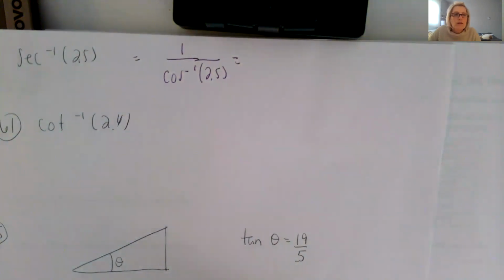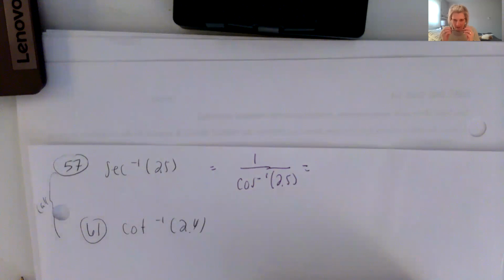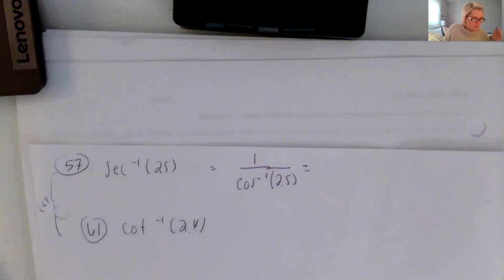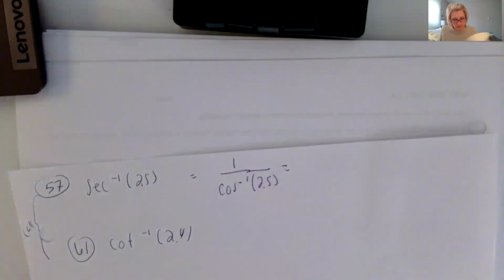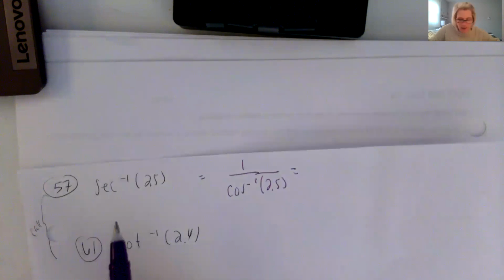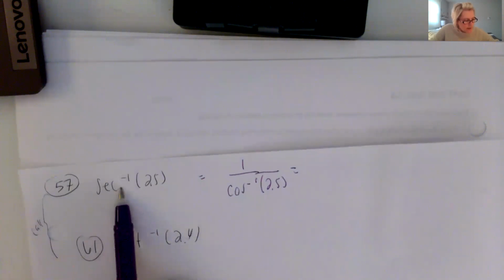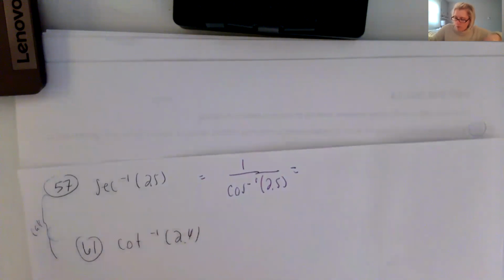Just want to be sure I've written this down correctly here. I just wanted to make sure that I had this written down correctly because of my bifocal. Sometimes I read the book incorrectly. So 57 is the inverse secant of 2.5.